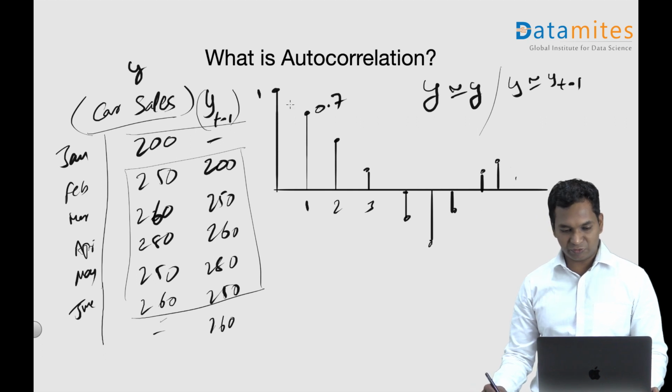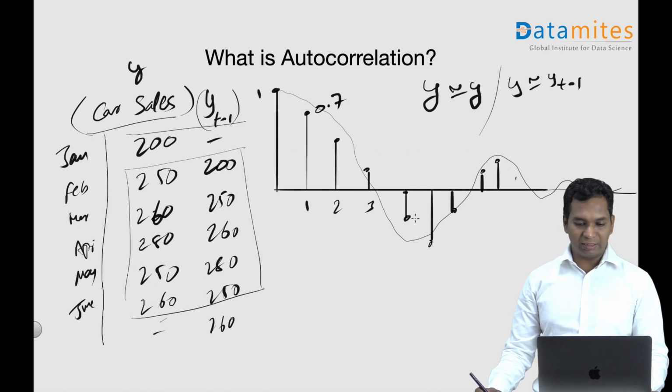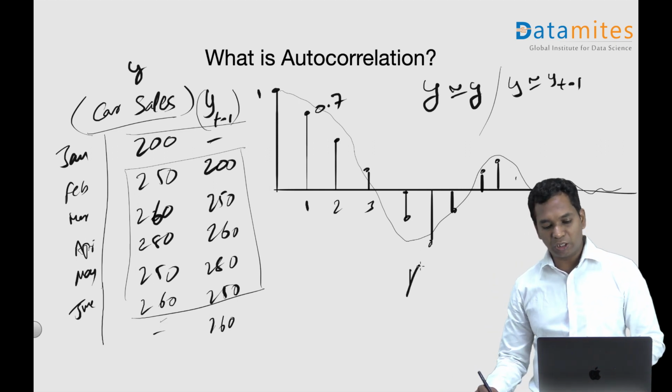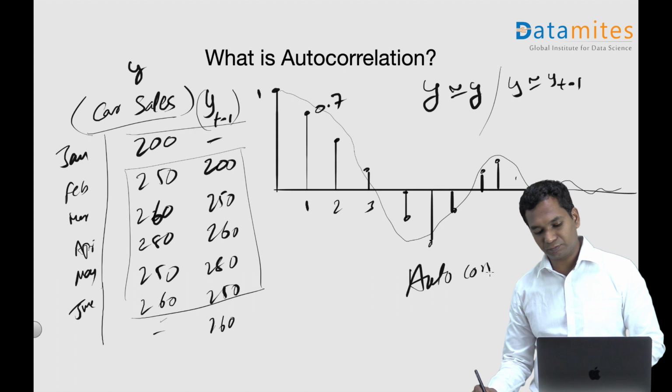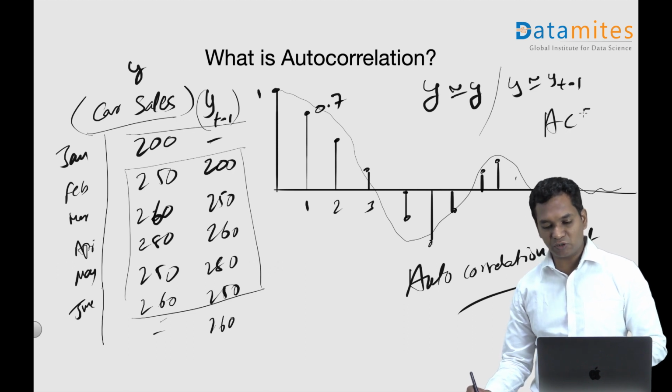If you try to see that, it looks more like this and it dampens out. This is autocorrelation, and this plot is called the autocorrelation plot, or simply ACF, autocorrelation function plot, so ACF plot.